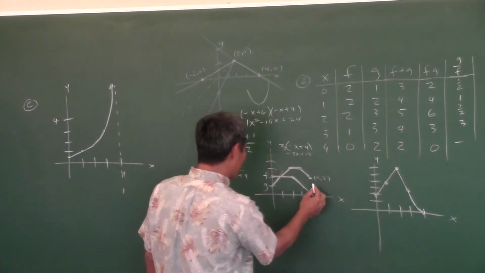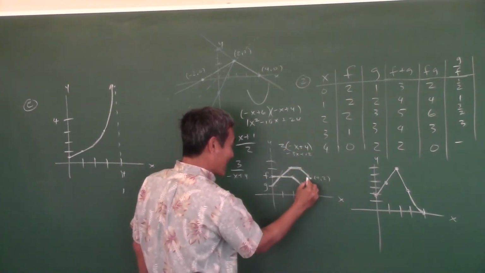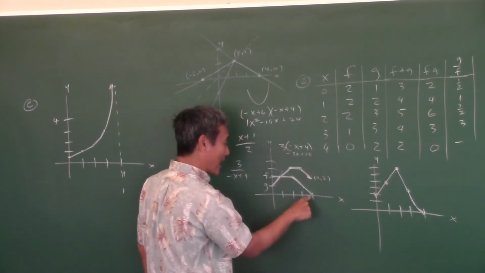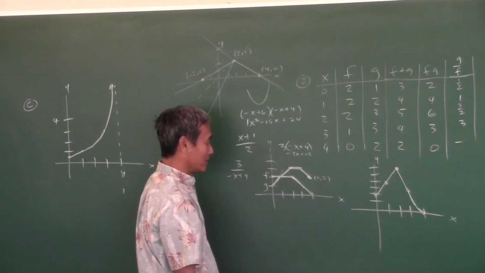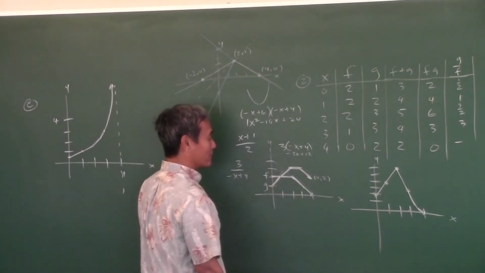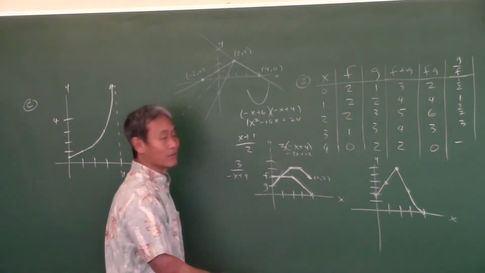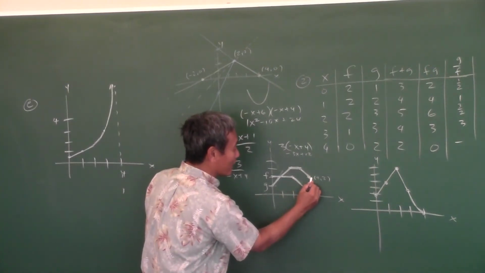Because look, you're taking the y coordinate of G and dividing it by F. Okay, look. As you get closer and closer to 4, like right here, let's say at 3.9, what is the y coordinate of G? Okay, look, the y coordinate is 2 here.